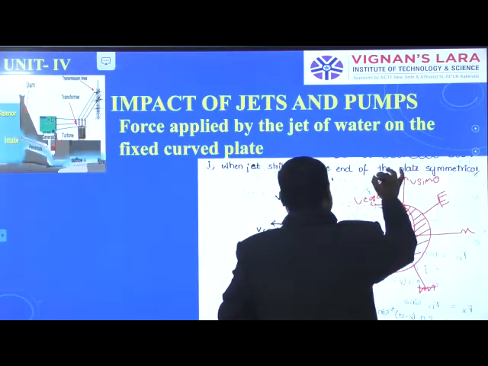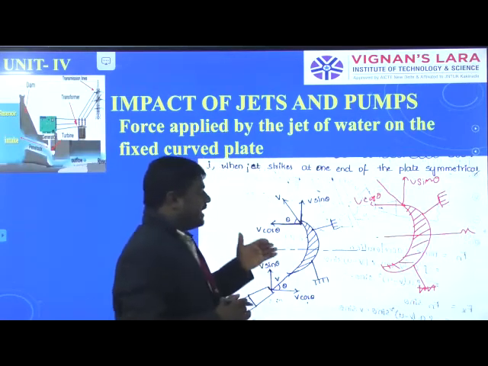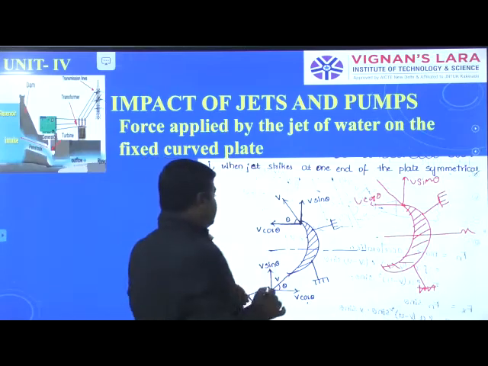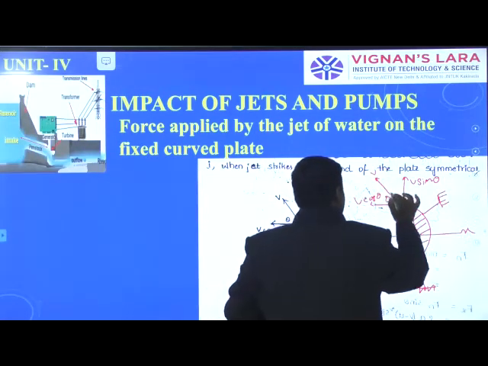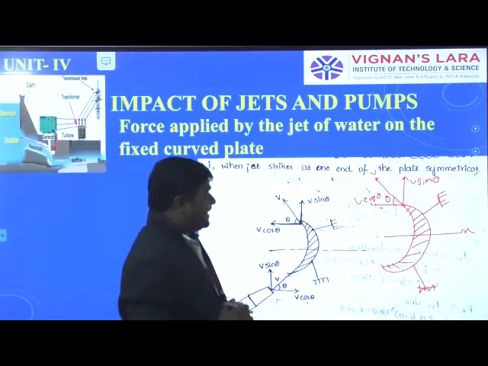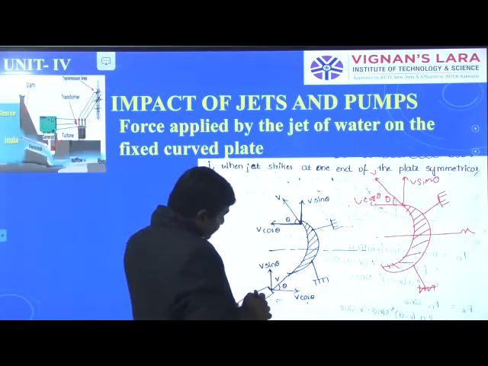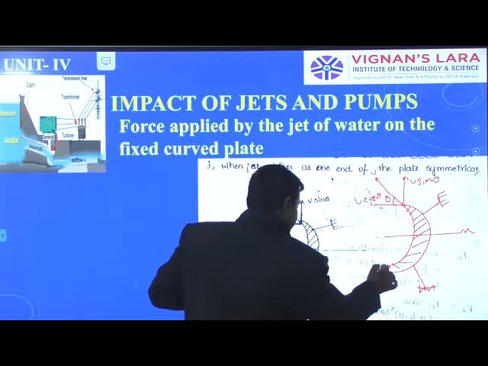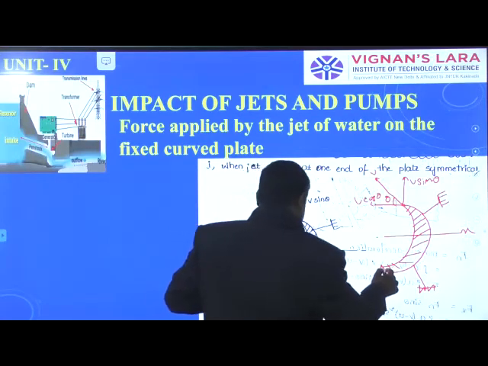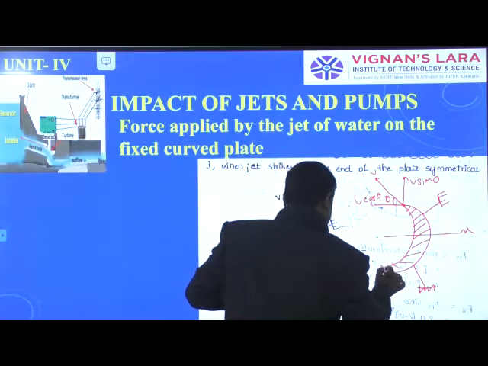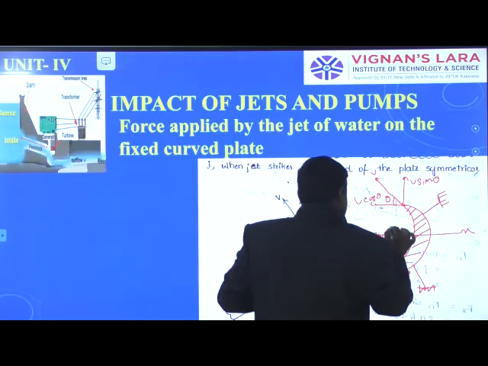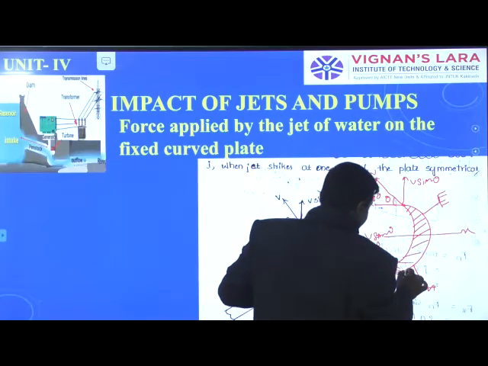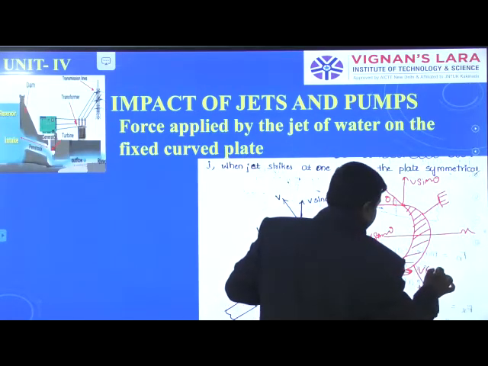The angle between the velocity v and the horizontal is theta. Then here also we draw v sin theta and v cos theta.